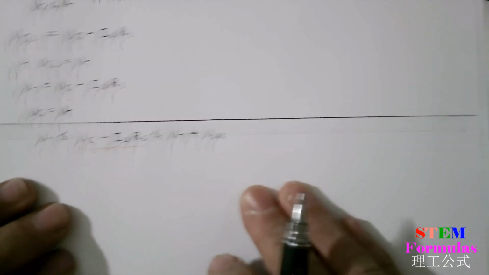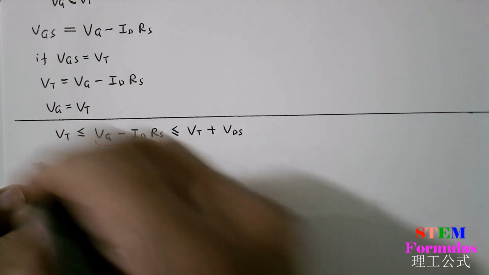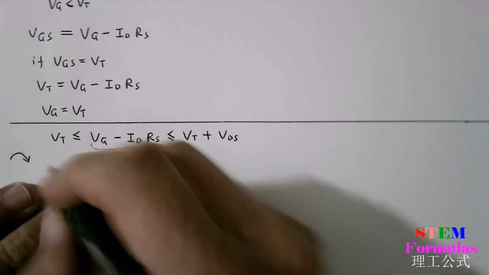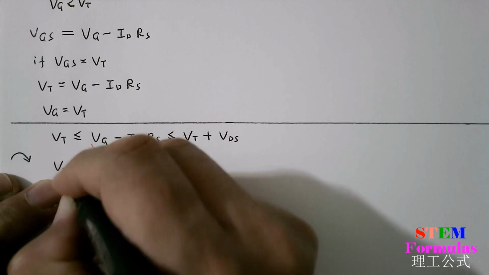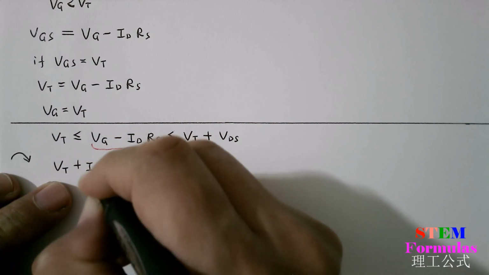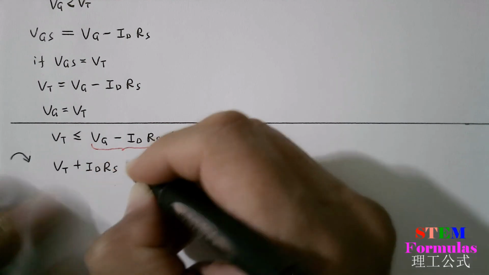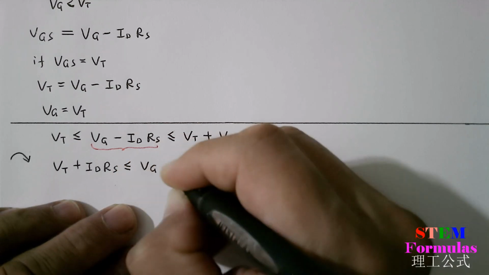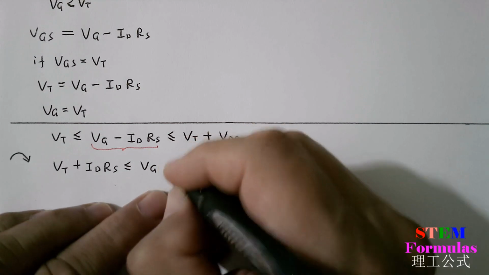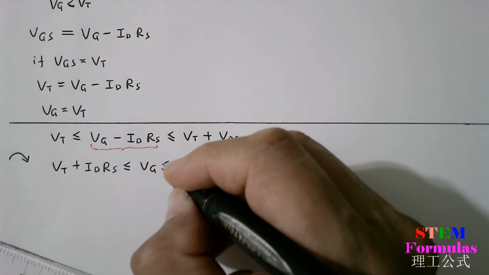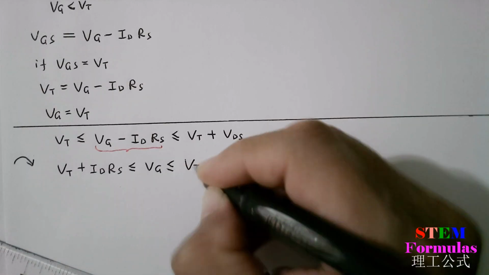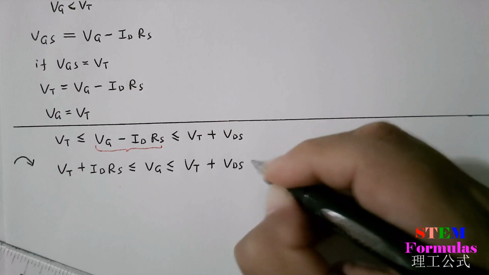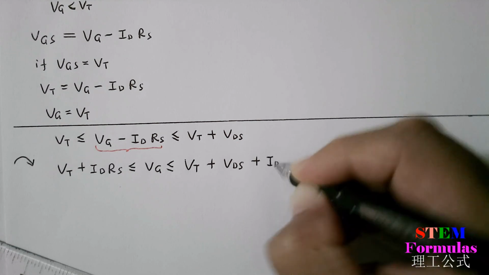Now, therefore, from this equation, I have VT plus ID RS smaller than or equal to VG, smaller than or equal to VT plus VDS plus ID RS.